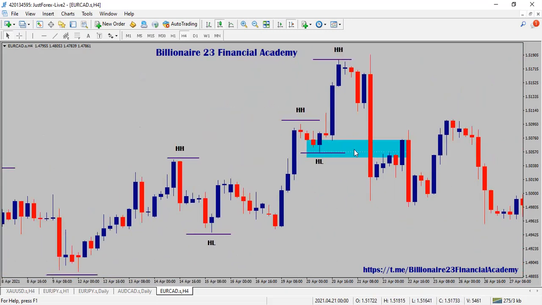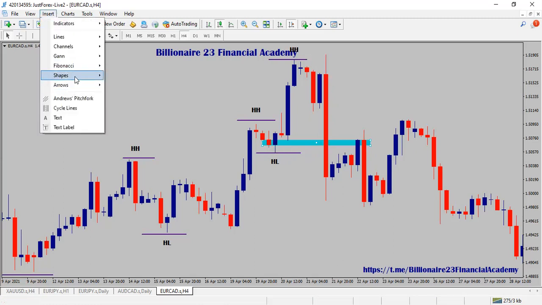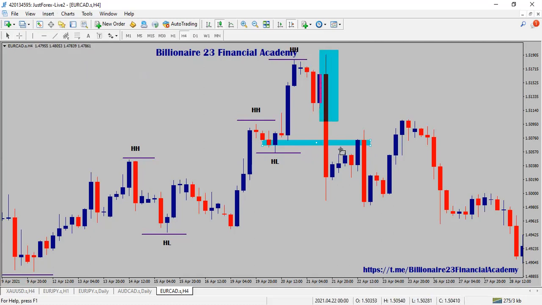This large candlestick gave us the indication that we may be about to change the trend, because the higher low got intercepted, or got broken. Not the spike, the body. The candlestick bodies got broken by this large bearish candle.